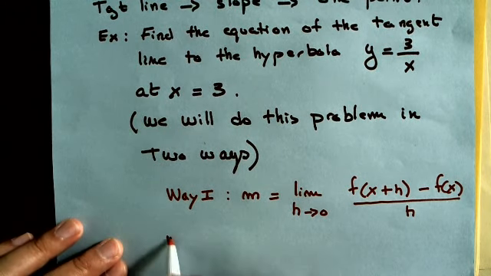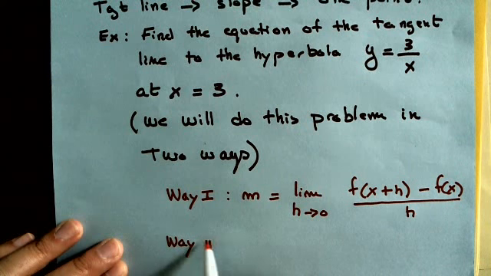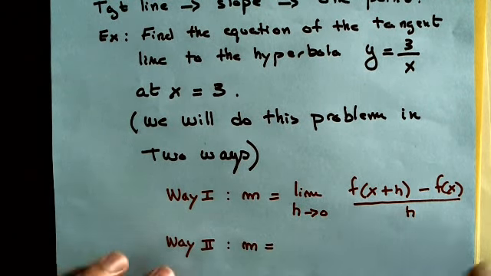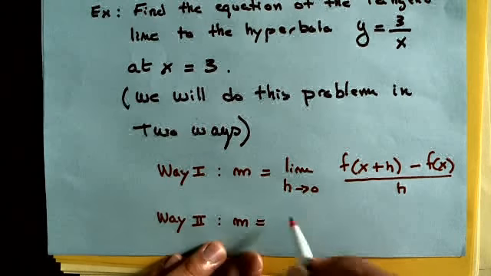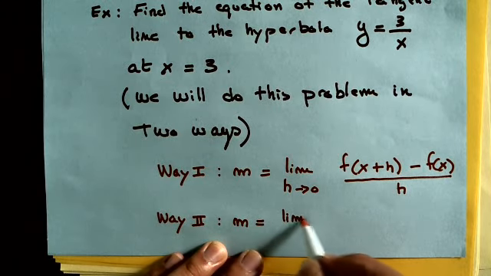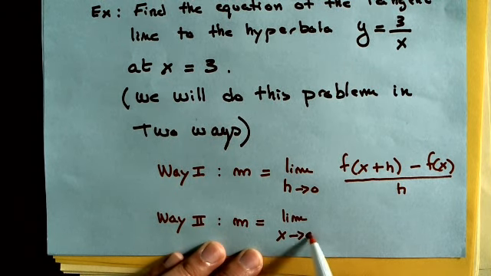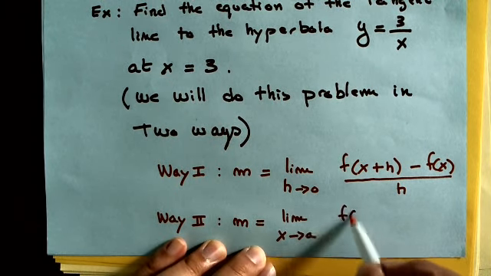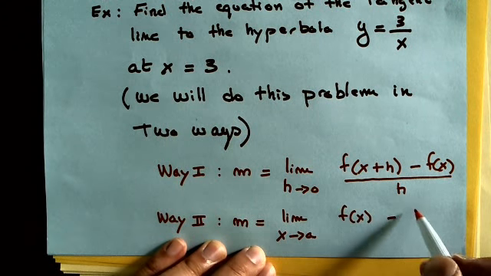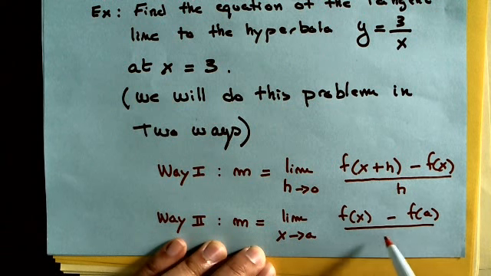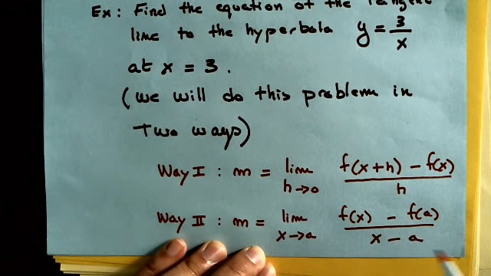And the other way, way 2, we're going to do m as the limit as x approaches a of f of x minus f of a over x minus a.